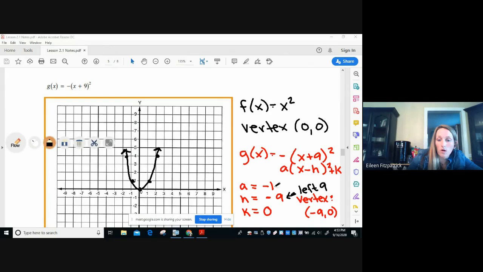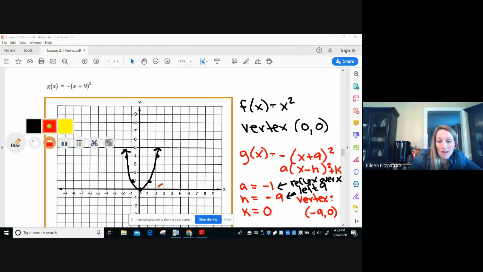And then the negative 1, if you remember from the beginning of the notes up top, I said that the negative out front means it's going to reflect over the x-axis because all the y values are changing signs. So we're going to reflect over x. If there's a negative out front, that means your parabola opens down. So let's plot the point.